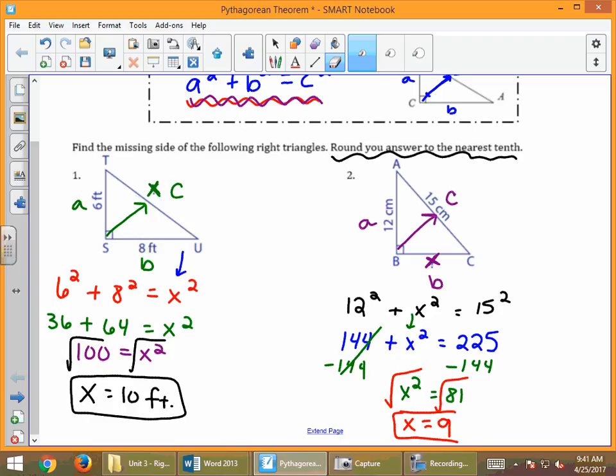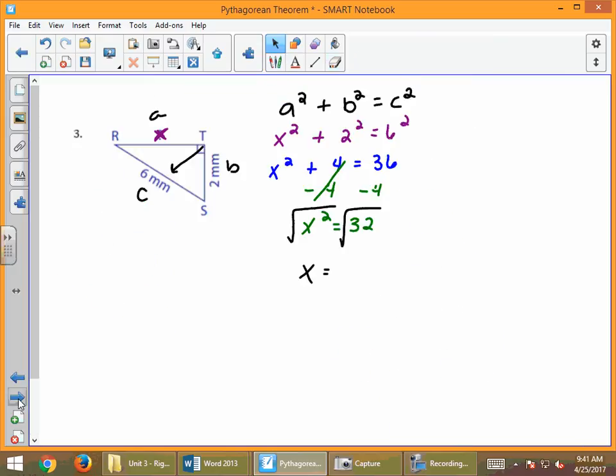Make sure if they gave us a unit of measurement, make sure you label. They were given centimeters. Make sure right now you put centimeters there. But for these first two, we didn't have to round because they were perfect squares. This third one, we do have to round because if you notice, 32 is not a perfect square. It says round to the nearest tenth.